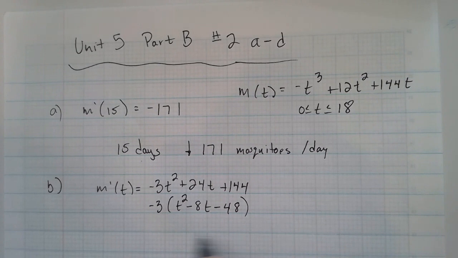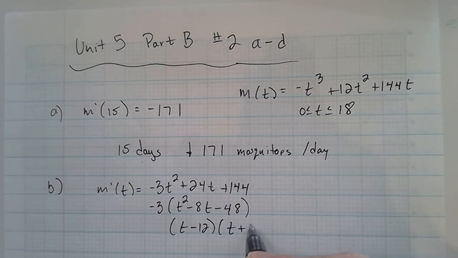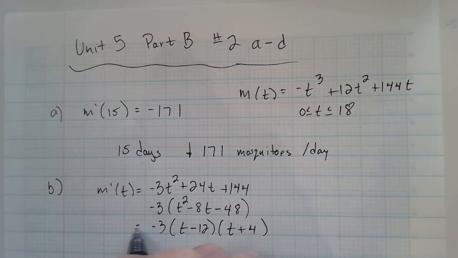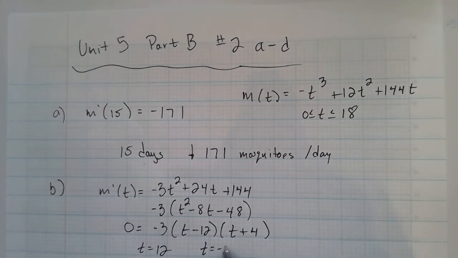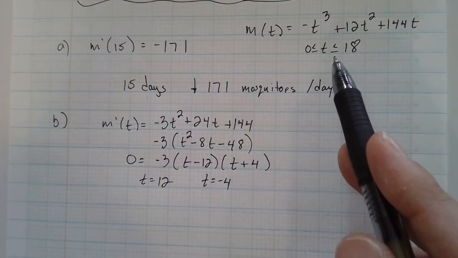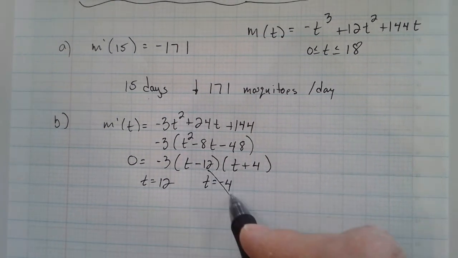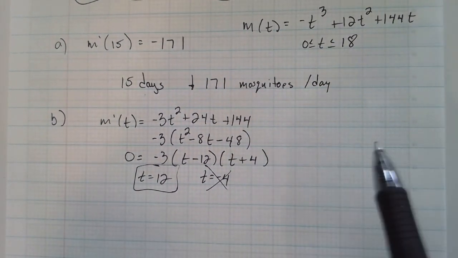All that factors. If you set it equal to 0, we're going to get 12, and we're going to get negative 4. Negative 4 is not in the domain given by the problem, so that's not an option. So t equals 12 is the only critical point in the interval.